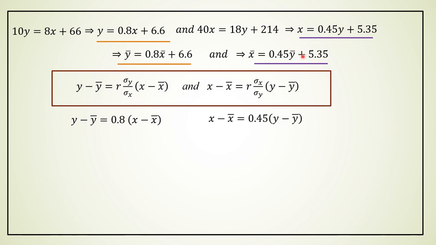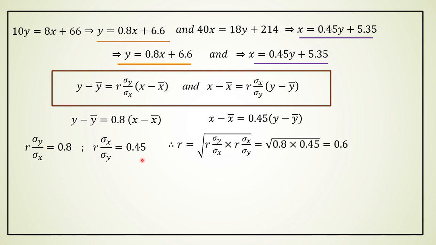Then take the difference of these two equations so that you have x minus x bar is equal to 0.45 into y minus y bar. Then the regression coefficient of y on x. What is the regression coefficient of y on x? It is 0.8, and the regression coefficient of x on y is 0.45.